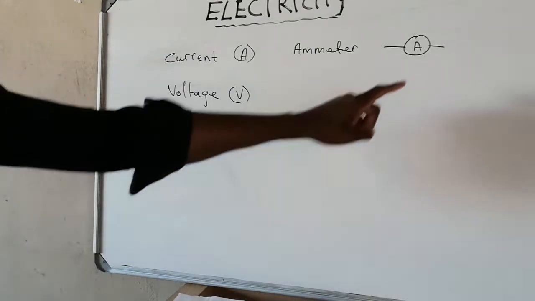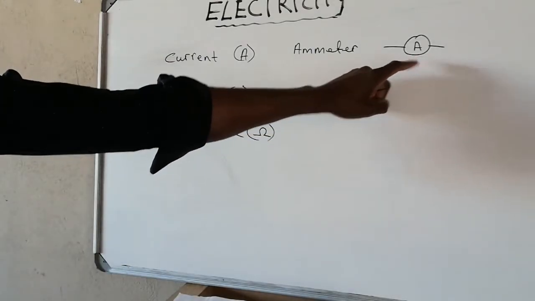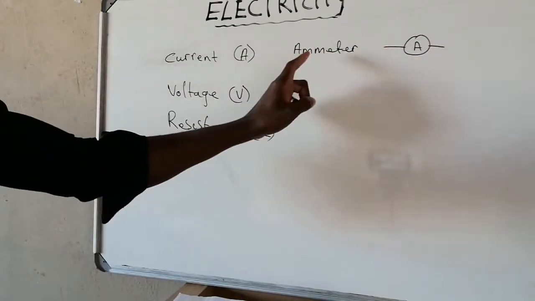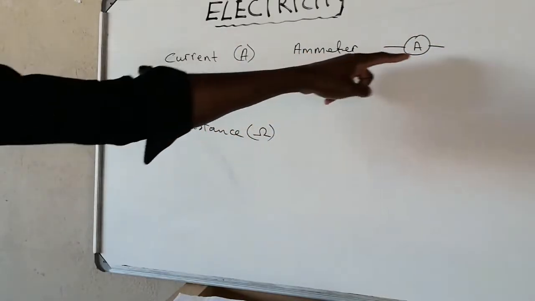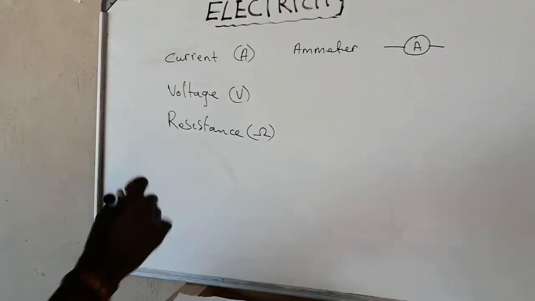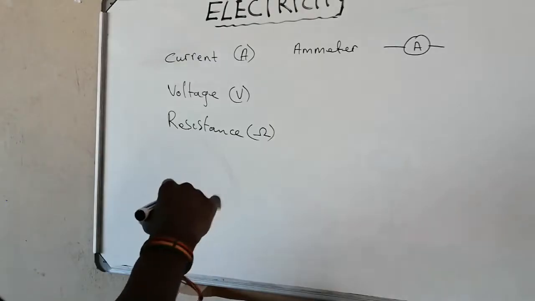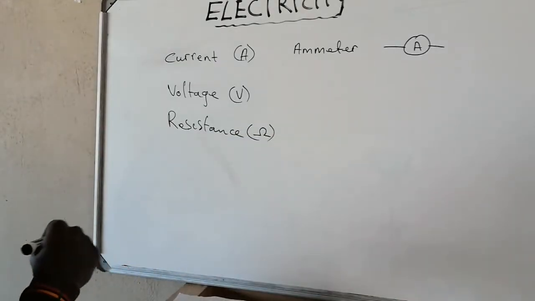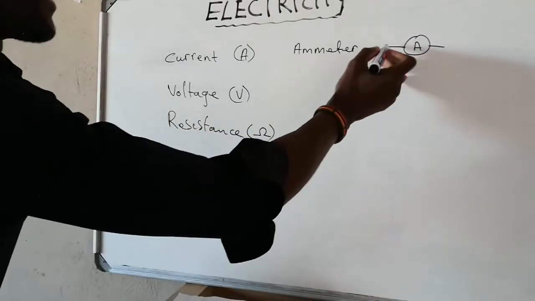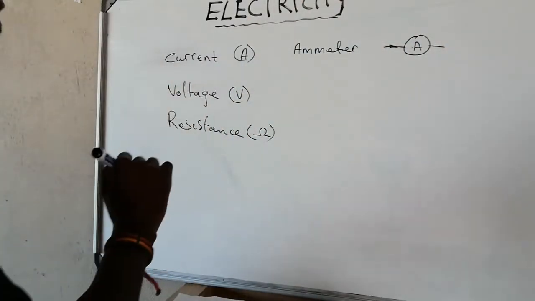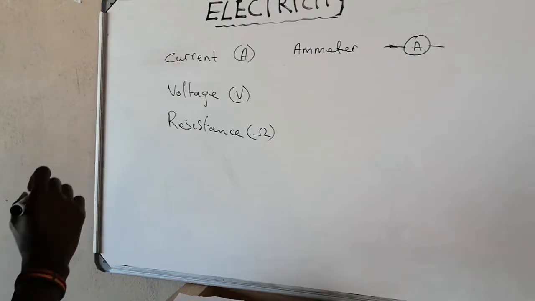They might not say what is the current reading on the ammeter, they'll just say what is the reading on that instrument. Knowing that it is an ammeter, then it is reading current. An ammeter will always be connected in series. We'll discuss what series and parallel connections are, but for an ammeter, current should pass through it, then it reads the current that is flowing at that particular point in a circuit.